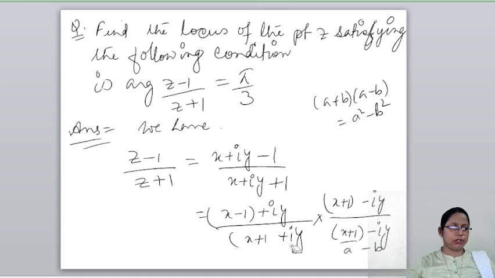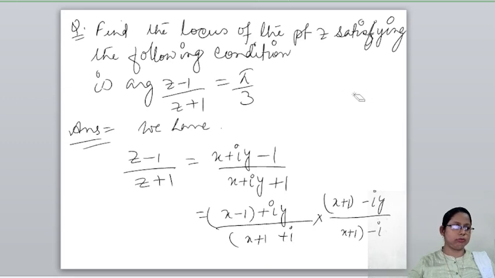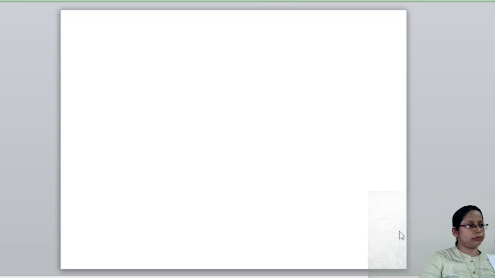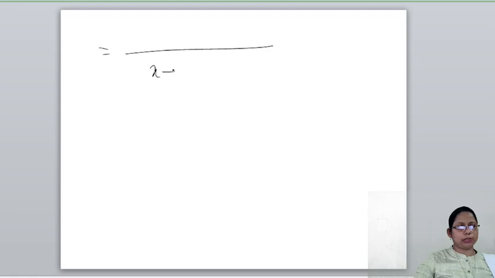So using this formula, in the denominator we will get (x plus 1) whole square minus i square y square, and since i square is minus 1, that will be plus y square.